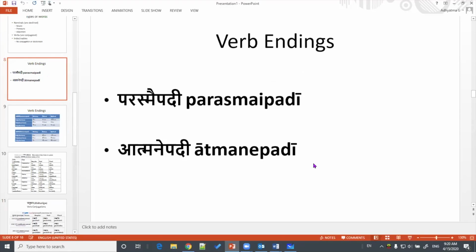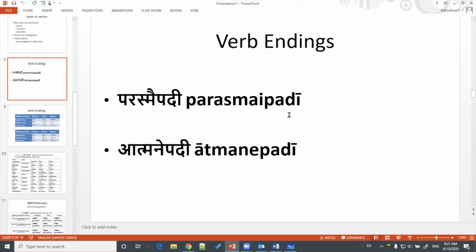You remember we had this table of endings: ti, tah, anti. So a verb table is actually formed from endings. Those endings are of two kinds. One is parasmaipadi, which we saw, and another is atmanepadi. These are the names in Sanskrit.